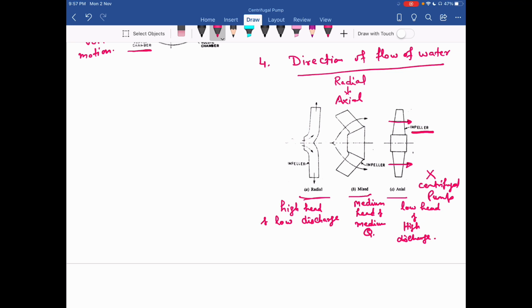Okay, you can see these pumps, the axial flow, are similar to your propeller turbine. Okay, so if in this case we use vanes which are adjustable, the blades of this impeller, if they are adjustable, we can call that pump the Kaplan pump.